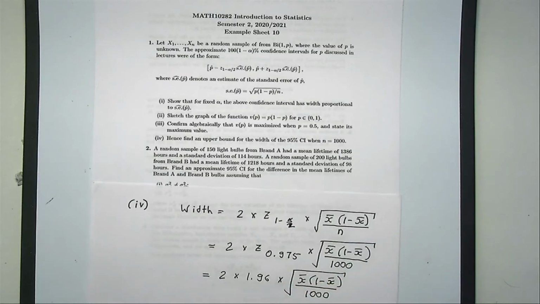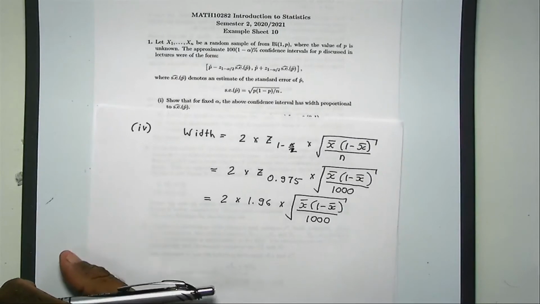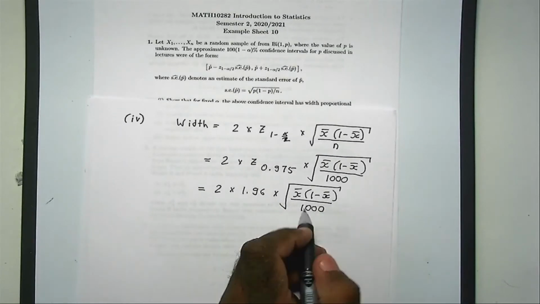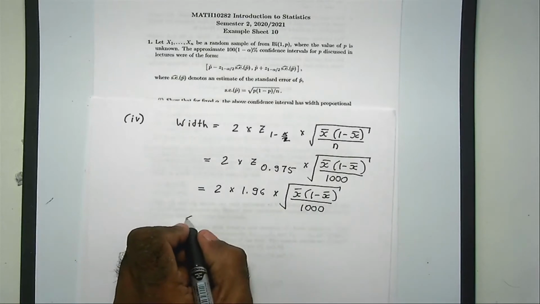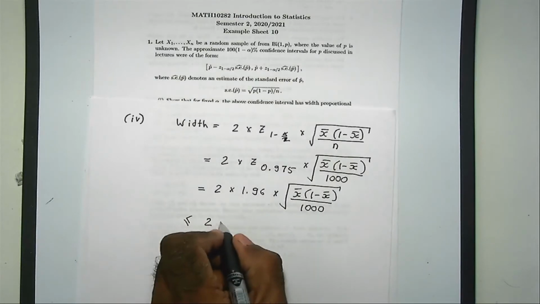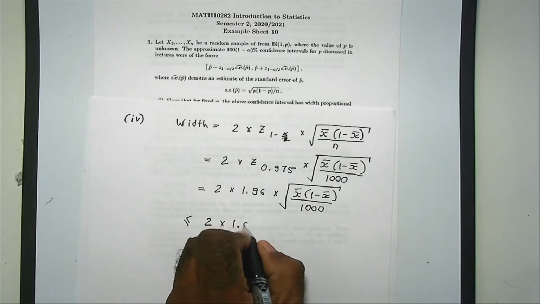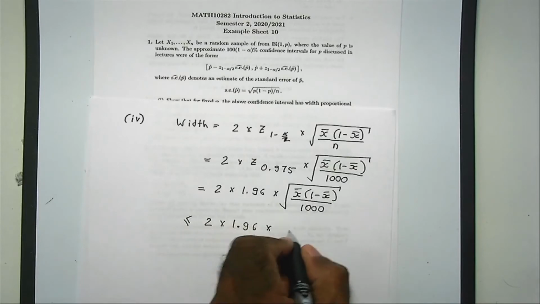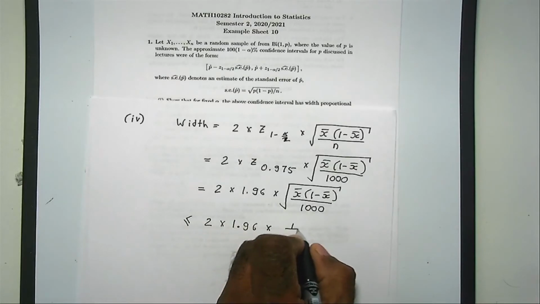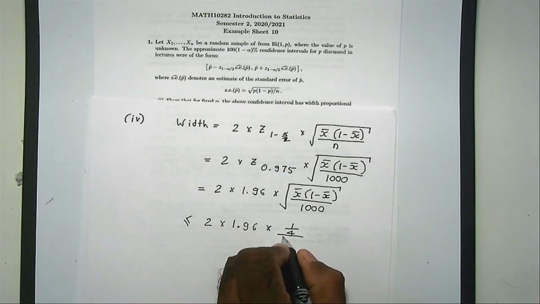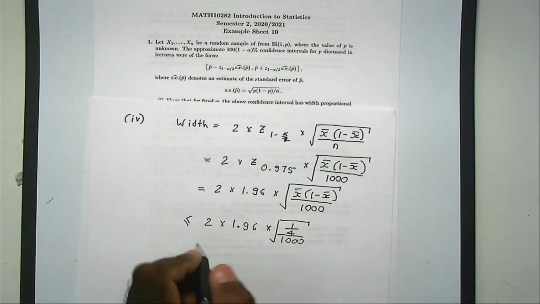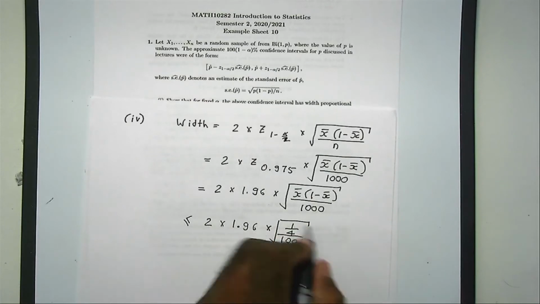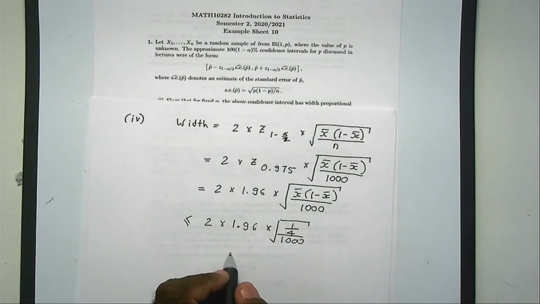Right now. We know from the previous part, that is part 2 and part 3, that the largest possible value for this is a quarter. So this must be bounded above by this, right?